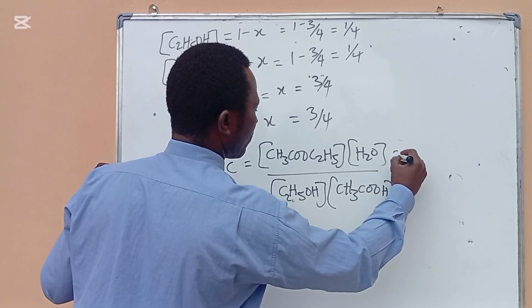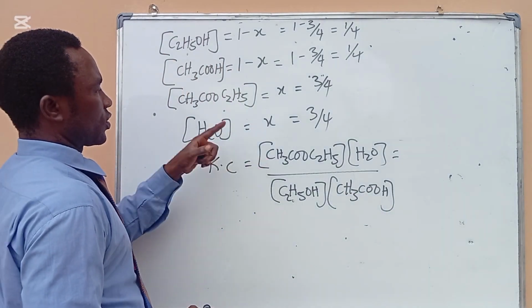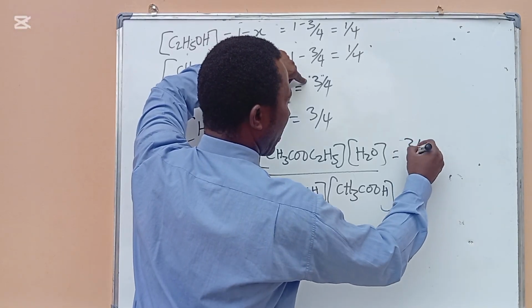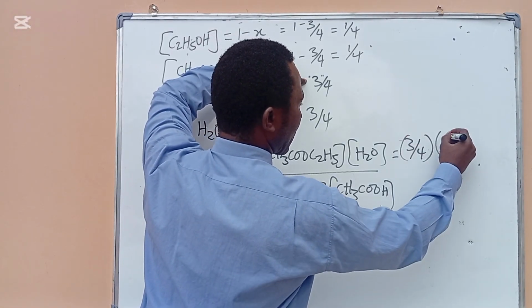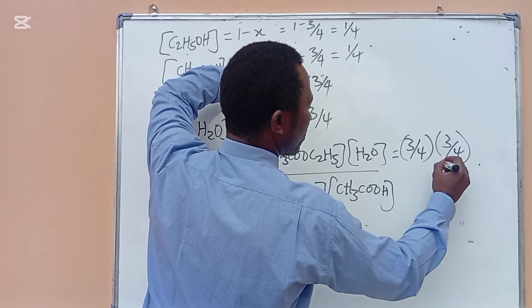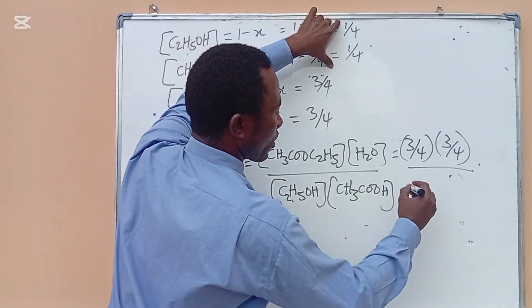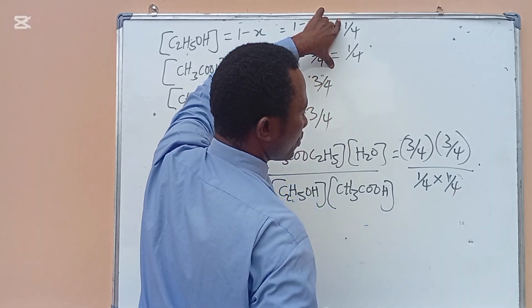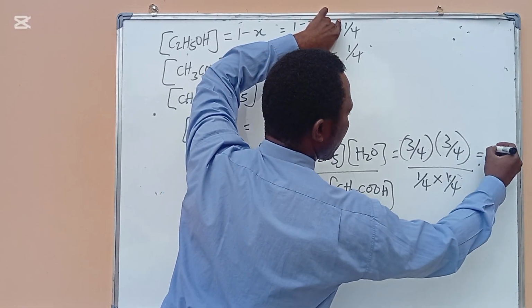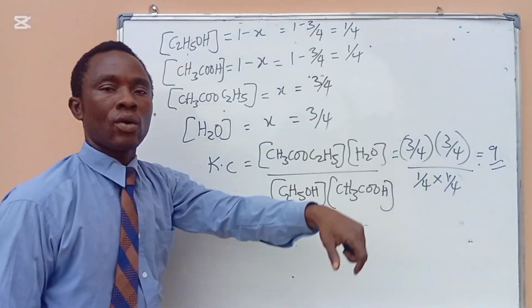That gives us 3 over 4 multiplied by 3 over 4, then everything divided by 1 over 4 times 1 over 4. If we do that, we'll get 9 as the equilibrium constant.